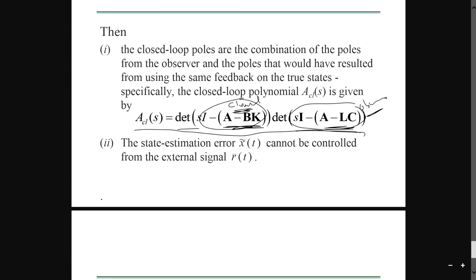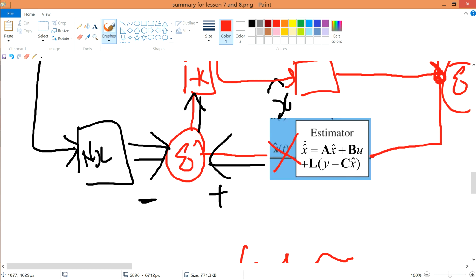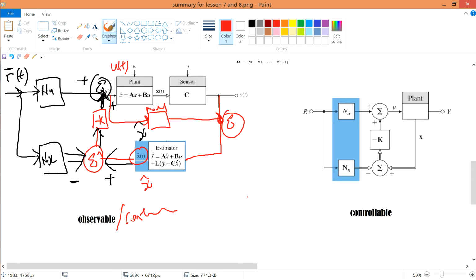Just to take note that the state estimation error, x curly bar, is equal to x minus x hat, I forget already, but anyway, this is the error. This error cannot be controlled from the external signal r(t), and this error x curly bar is not x hat. x hat is the estimated value, so x minus x hat is what is being fed back.